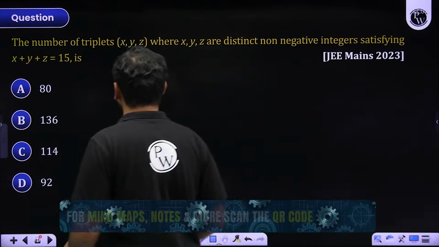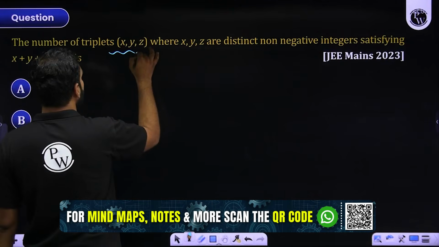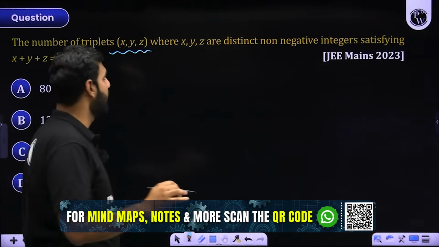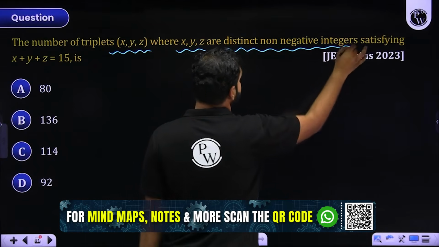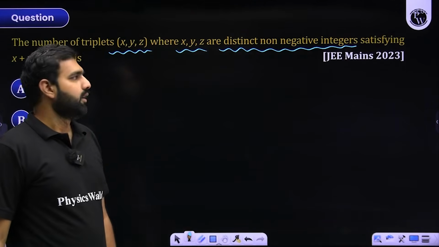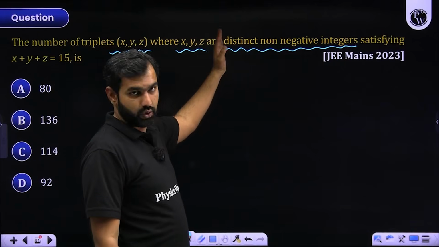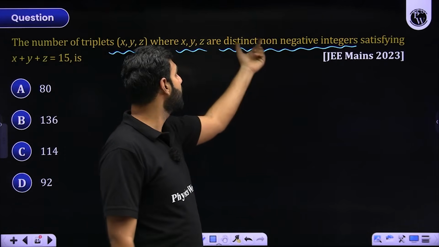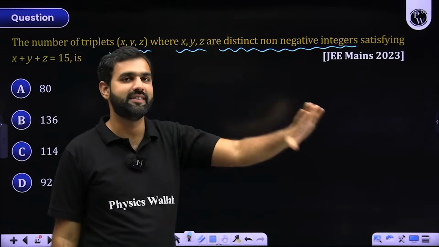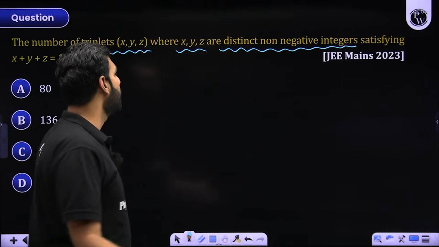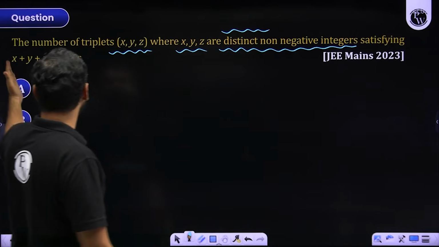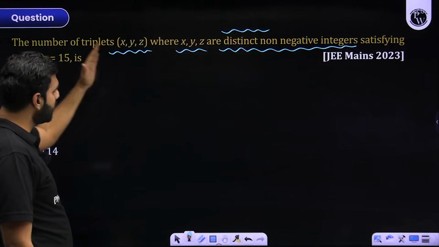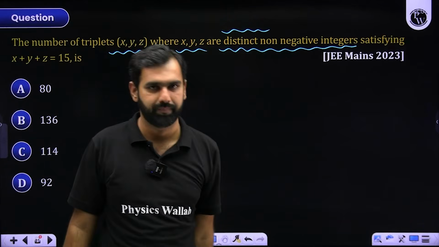It says: the number of triplets x, y, z, where x, y, z are distinct non-negative integers, satisfying the condition x plus y plus z is equal to 15. Had they not used the word distinct, I could have done it in seconds. Now, how do we solve this problem?